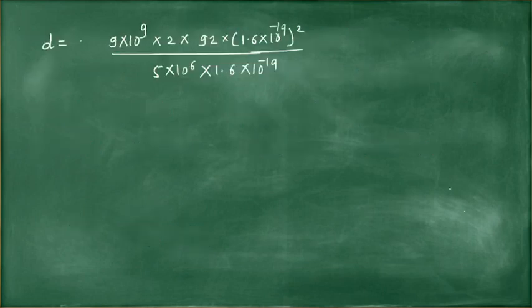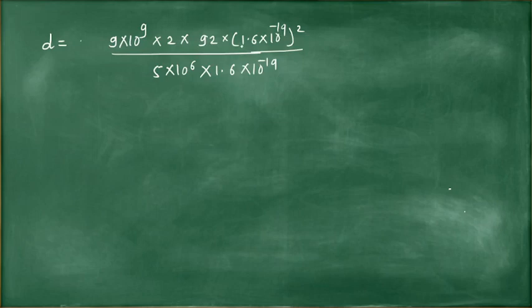So put the values: 1 upon 4 pi epsilon 0 is 9 into 10 raised to 9. This is known. The next is 2Ze, where Z for uranium is 92.